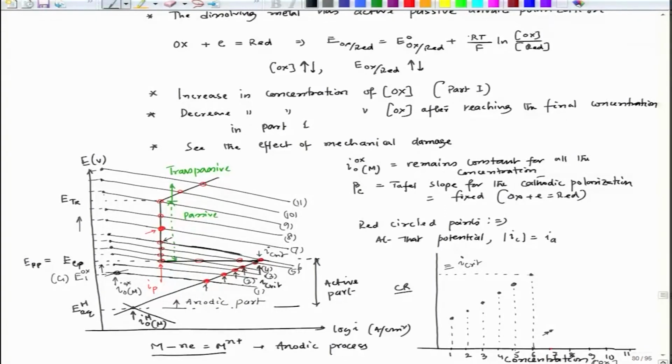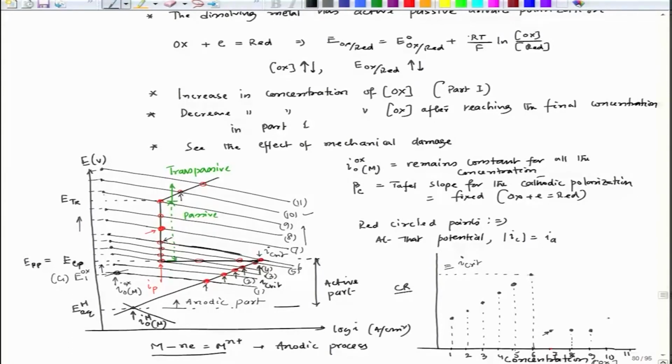And now if I increase the concentration further, so if I go to 8 and then 9, 9 is basically the location where the transpassivity is just starting. So, till 9 it will maintain the same corrosion rate, and then once we go to 10, the mixed potential is satisfied in the transpassive zone, and I could see that the corrosion rate is increasing again.